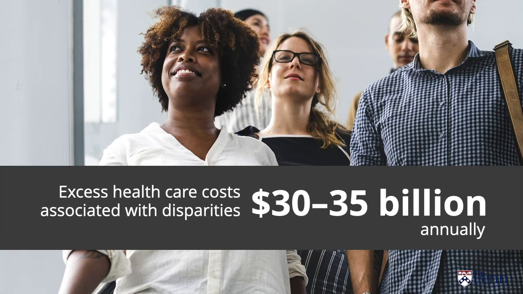And many conditions like low birth weight and infant mortality are much more prevalent among African Americans, even after controlling for the mother's socioeconomic status. It's been estimated that the excess care that we give related to healthcare disparities costs our system $30 to $35 billion a year.